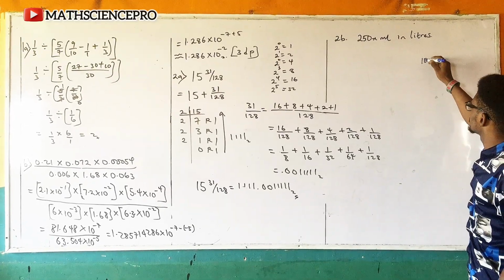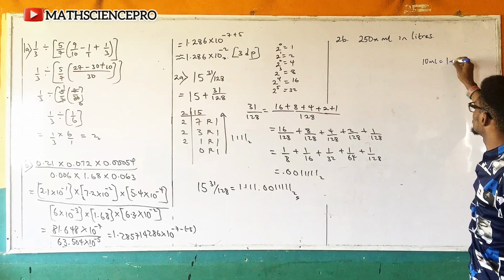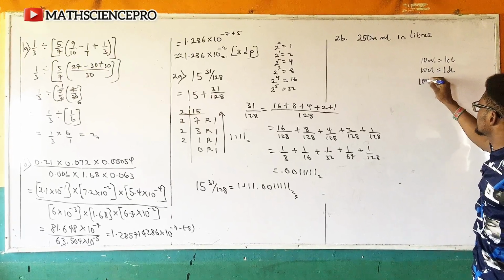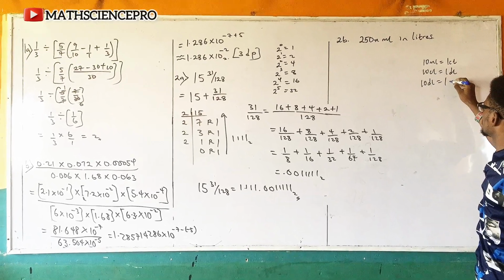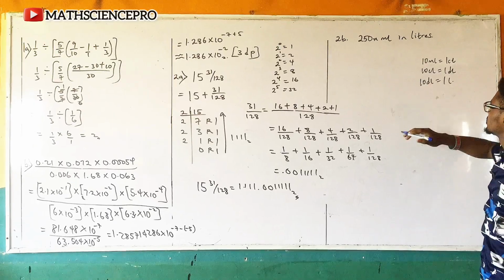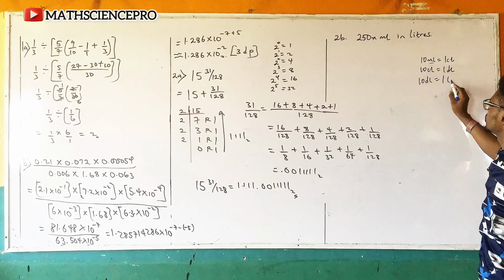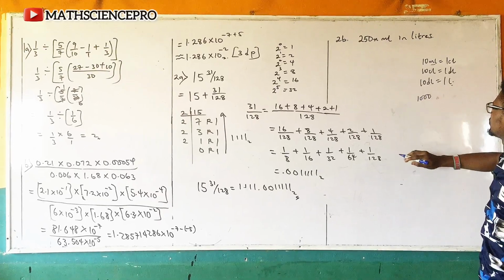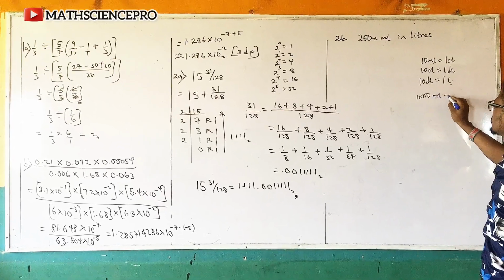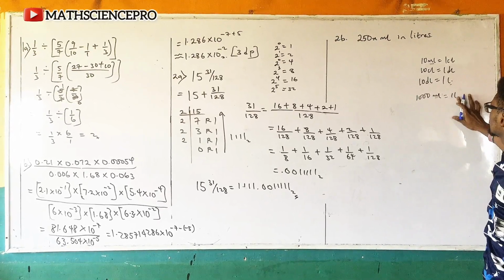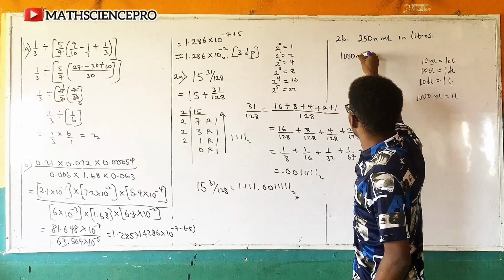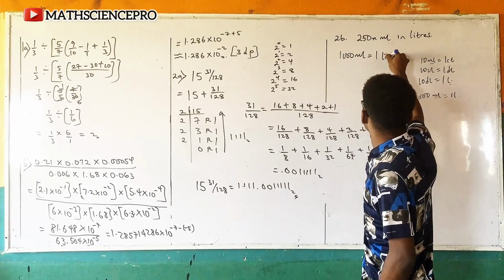Now, 10 milliliter makes 1 centiliter, 10 centiliter makes 1 deciliter, 10 deciliter makes 1 liter. So from milliliter to liter, I have 10 cubed. So I have 1000 milliliter equals 1 liter.